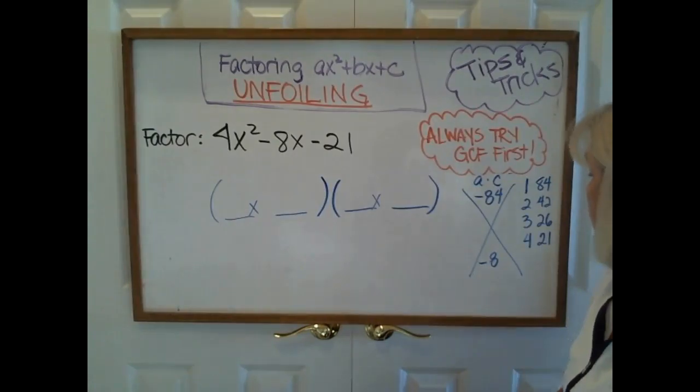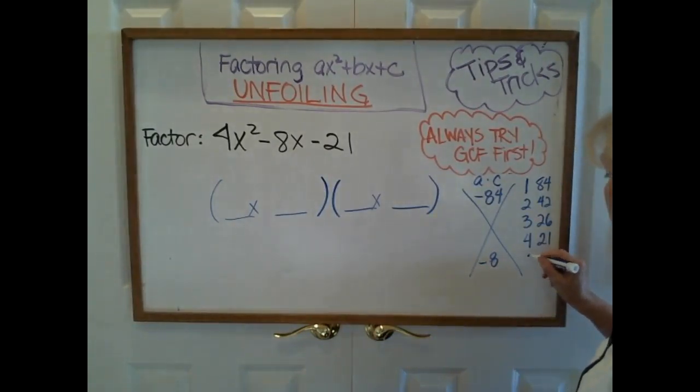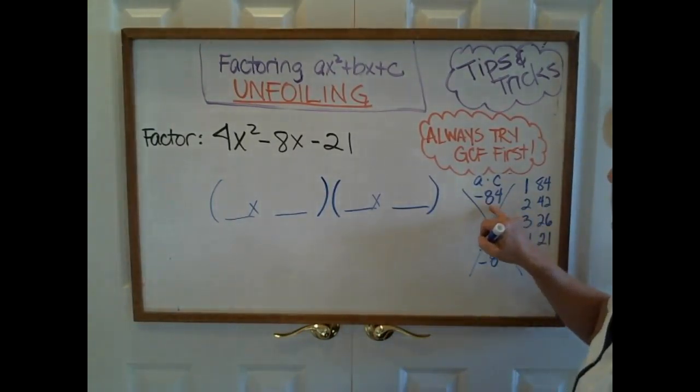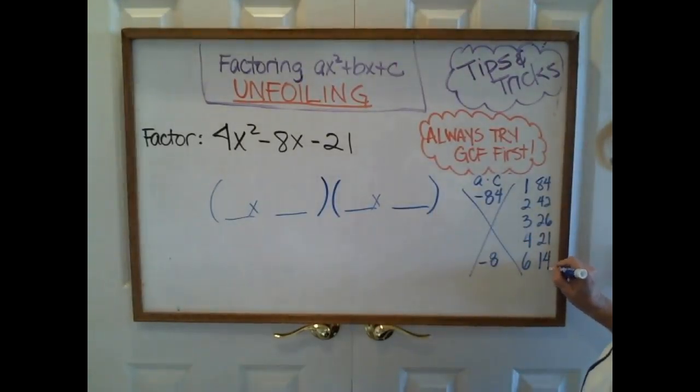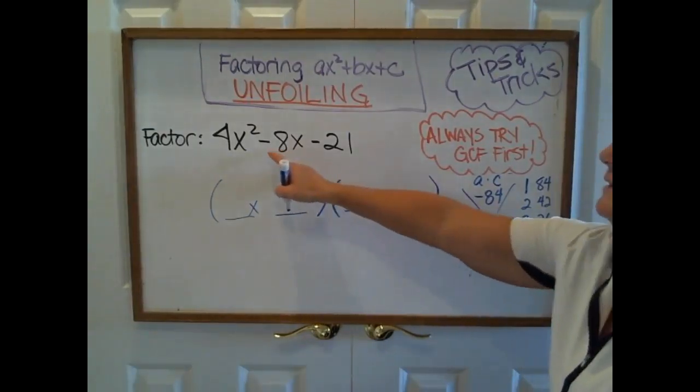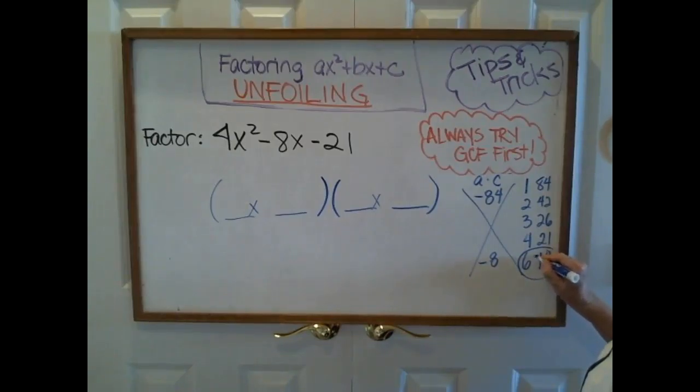Does 6 go into 84? Let's try. 6 goes into 84 14 times, yes. So 6 and 14. The difference of 6 and 14 is what we're looking for, and since we need a negative 8, it's going to be negative 14 and positive 6.